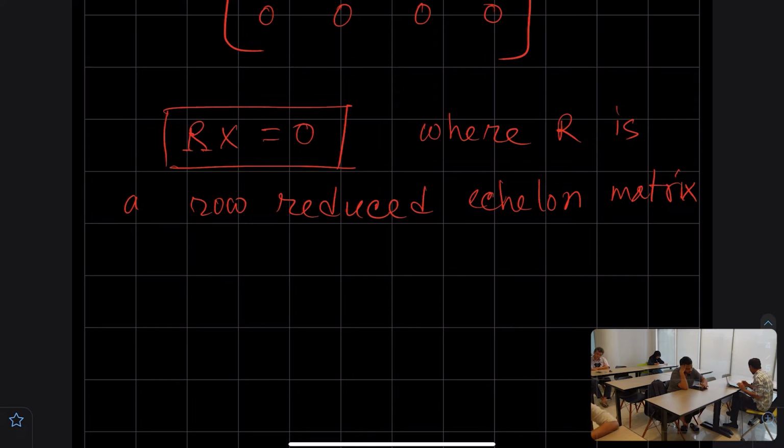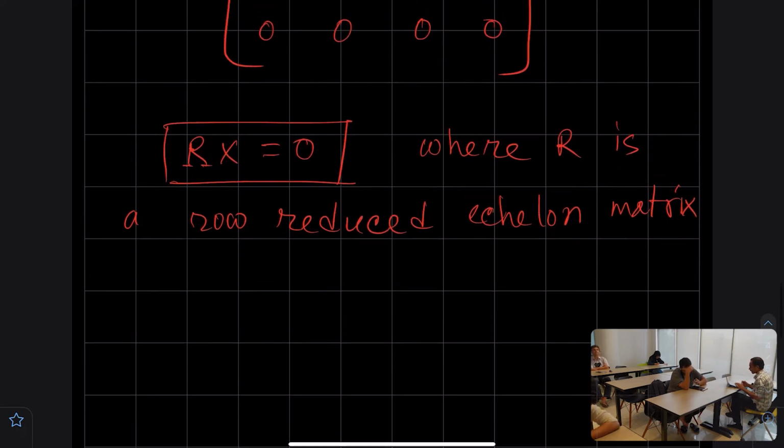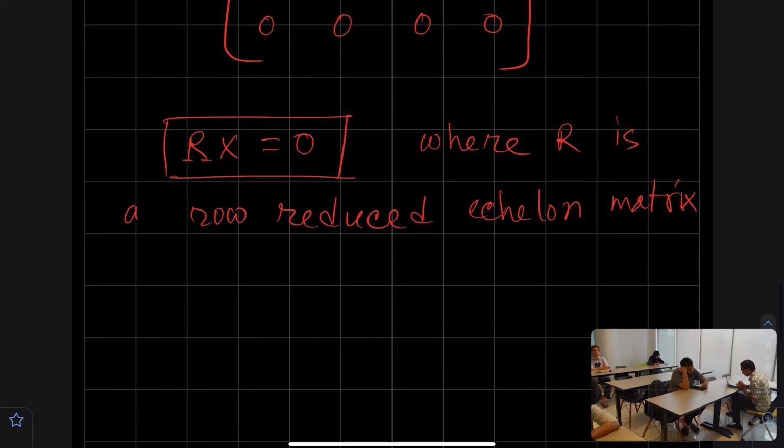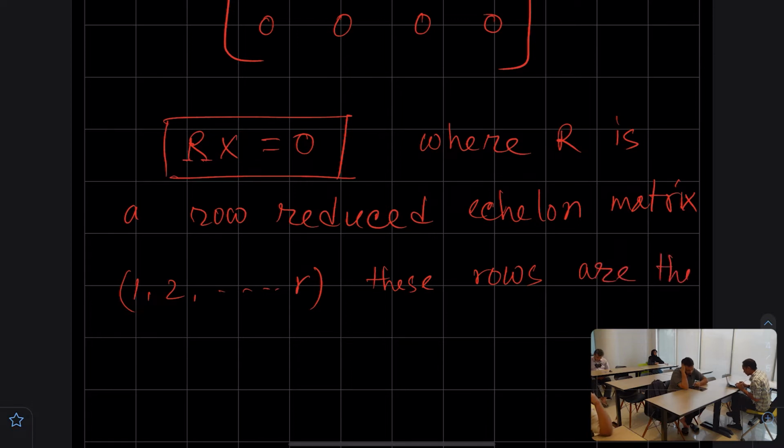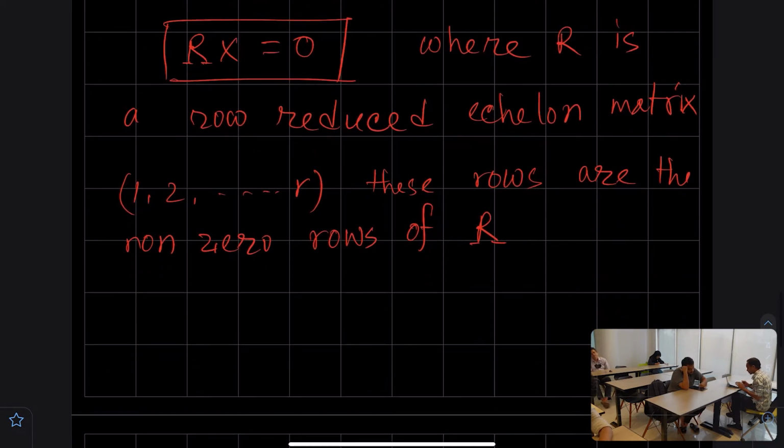So in R, let's consider rows 1, 2, dot dot r. These rows are the non-zero rows of matrix R. Okay.